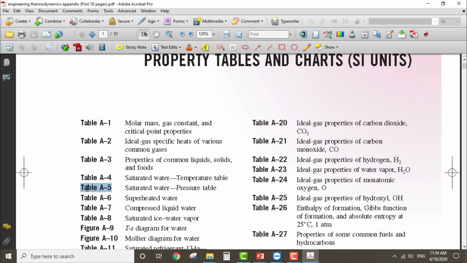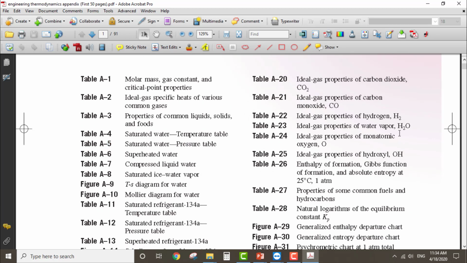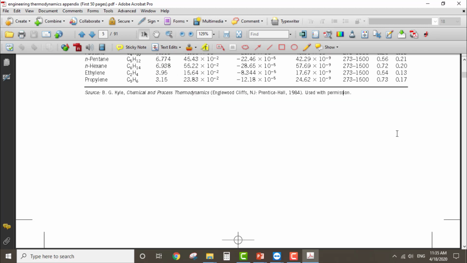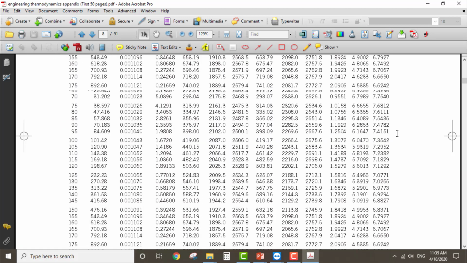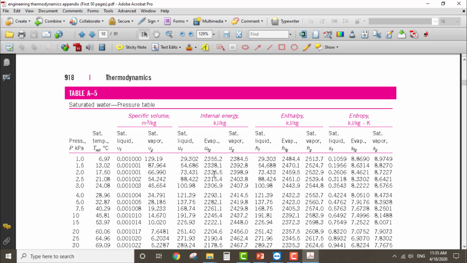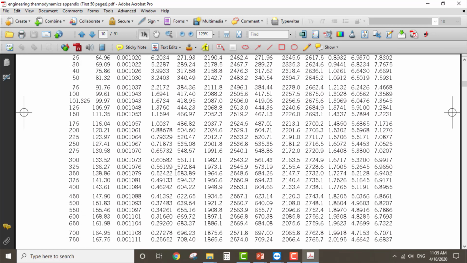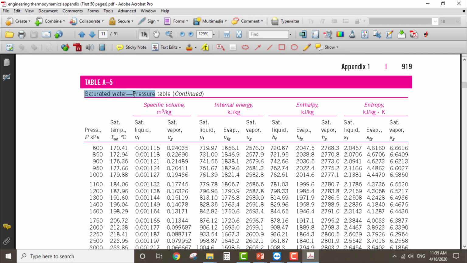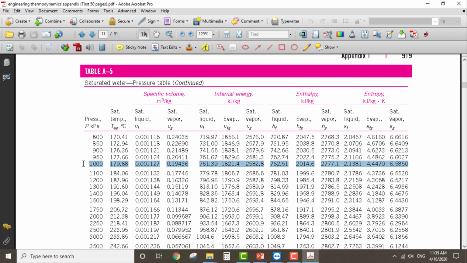So we are looking for table A5. So here it is. We need pressure of 1,000. In the first table it's not there. The second table, saturated water pressure table, we need this value, 1,000. So here is the Tsat.